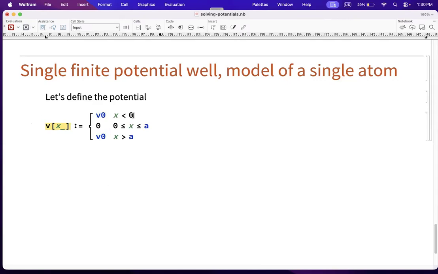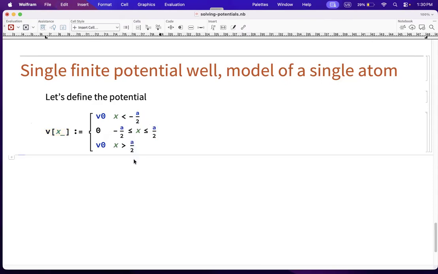When X is less than minus A over 2, see? Look at how it is. Okay. We're going to solve this problem. We have this problem.